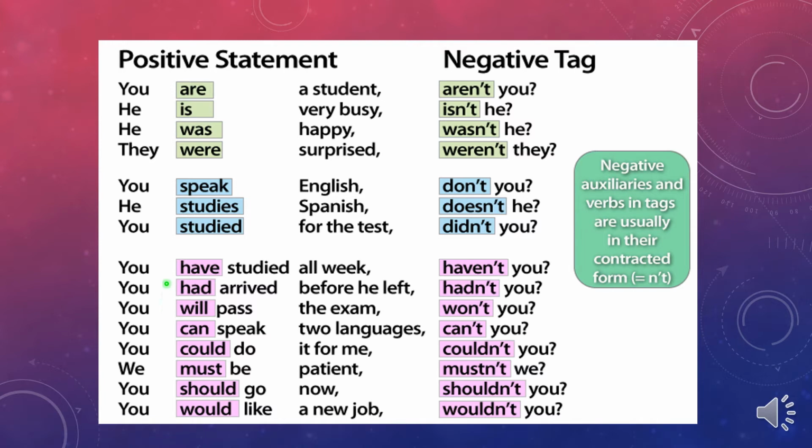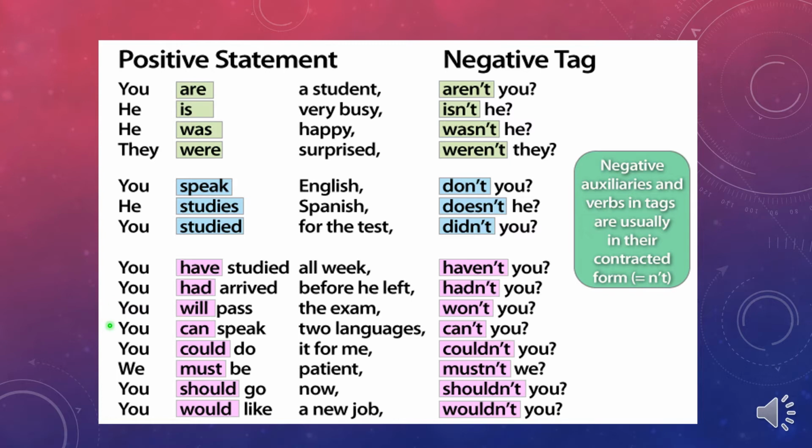Okay. Again, present perfect, past perfect, future will. Has estudiado toda la semana, ¿no? Tú habías llegado antes que él se fuera, ¿no? Pasarás el examen, ¿no? Okay, you have there clearly 3 more structures, okay?